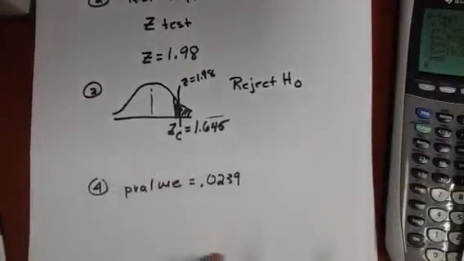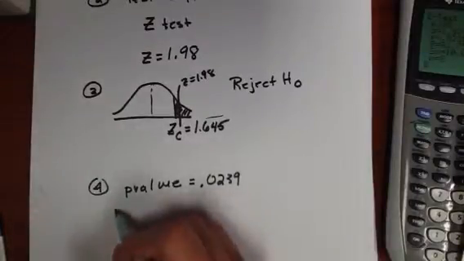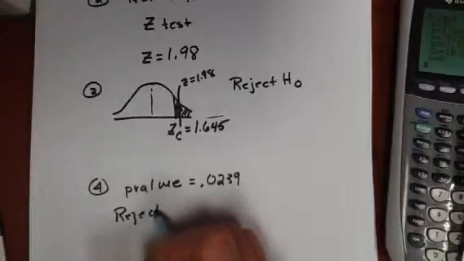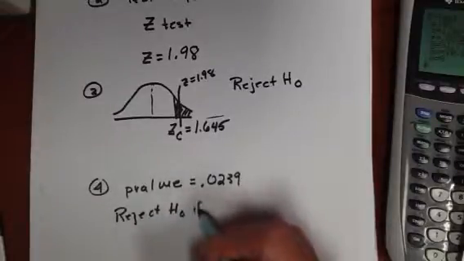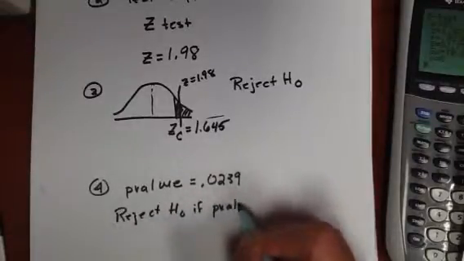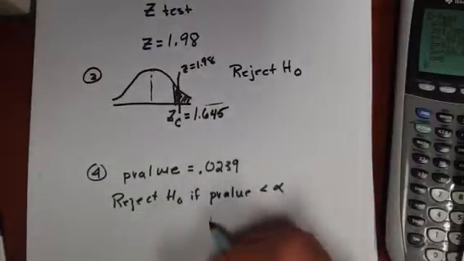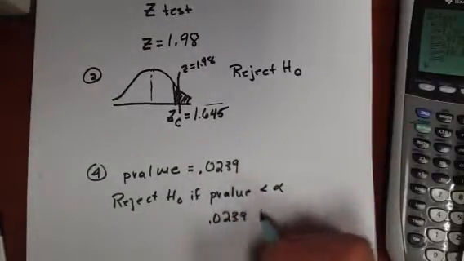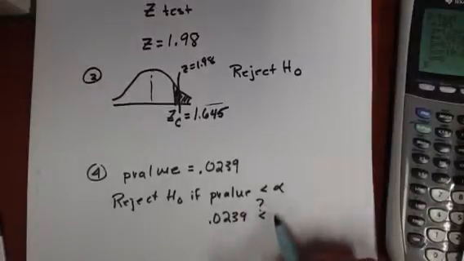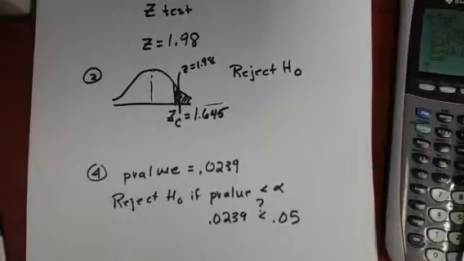Now we look at our p-value, and our decision should be the same. Remember, our statement here is we're going to reject H naught if our p-value is less than alpha. So our question is, is 0.0239 less than 0.05?